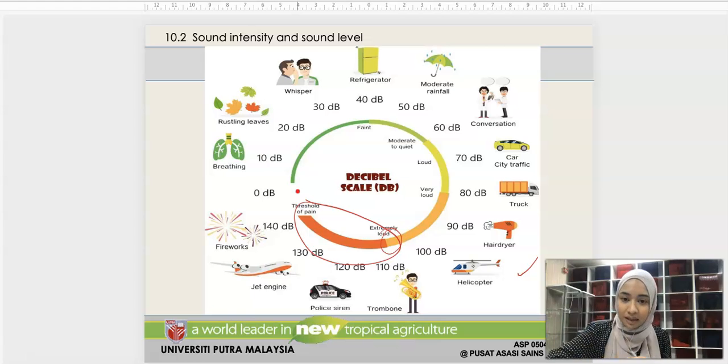At this intensity level, it gets painful. So nearing this point is when you start to feel, okay, I'm kind of feeling the pain, but it's not there yet, but it's almost there. Okay, so you have those different sound intensities.